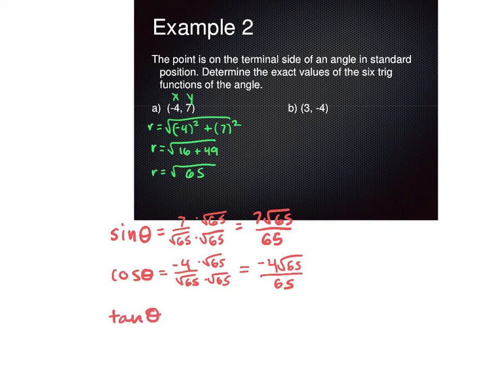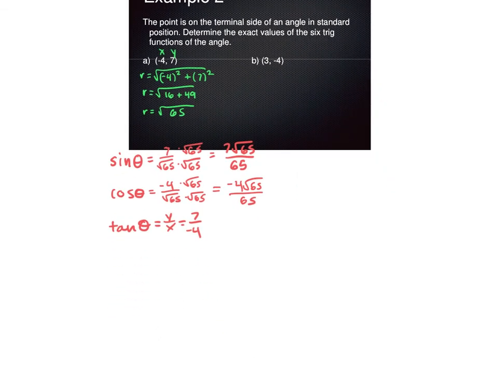Next we have tangent. Tangent is y over x. So what would our tangent of theta be? 7 over negative 4. Perfect. Then cosecant would be square root of 65 over 7.